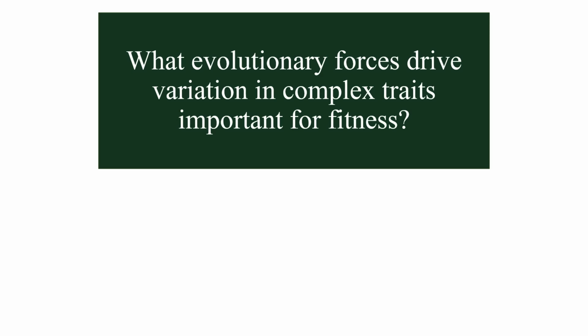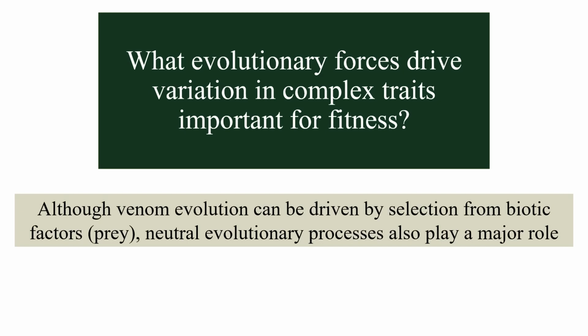As previously mentioned, snake venom variation is frequently assumed to be the result of coevolution, but this is often not tested. So using snake venom, I want to investigate what evolutionary forces drive variation of this trait or any complex trait relevant to fitness. Now, because snake venoms do play a direct role in obtaining prey, I predict that venom evolution will be driven by selection due to interactions with prey.